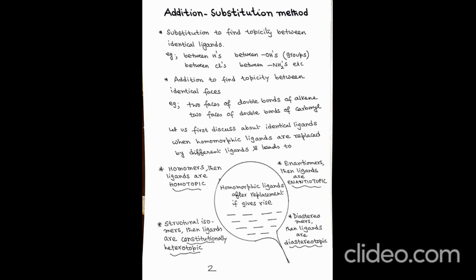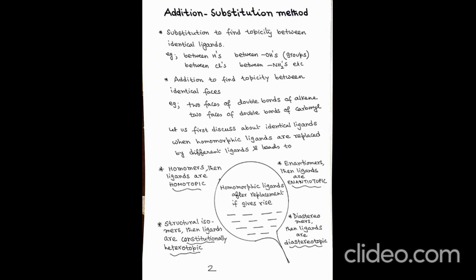And after substituting, then we have to investigate. After substitution, if we get homomers, then the ligands are homotopic. After substitution, if we get structural isomers, then ligands are constitutionally heterotopic. After substitution, if they are stereoisomers, then they are stereoheterotopic.